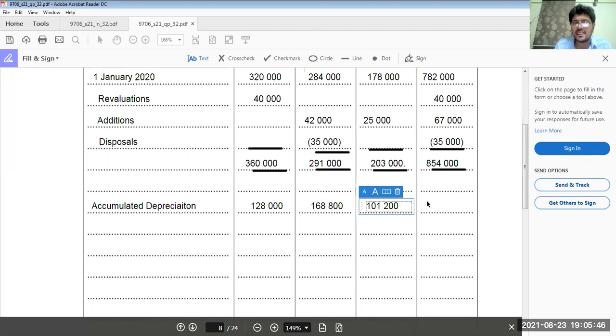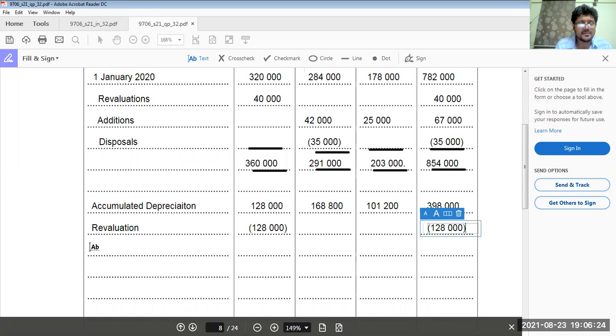Total 398,000. Now, what about this revaluation? As a result of the revaluation, the accumulated depreciation on property would be eliminated because we have revalued the property. So 128,000 is going to be deducted over here. Done.